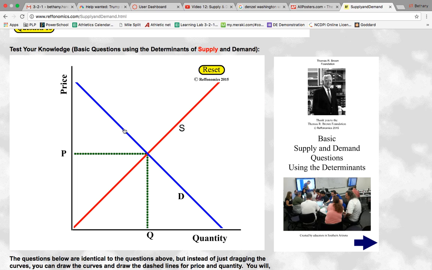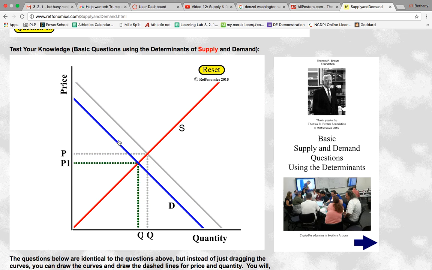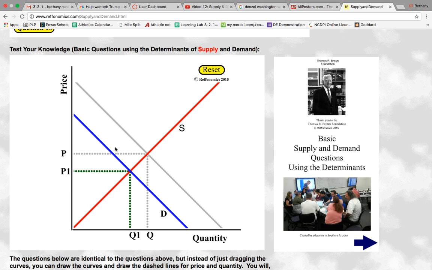Conversely, you might also think about the price for hybrid cars, which is a complementary good with gasoline, in that if the price of hybrid cars goes down, more people are going to buy hybrid cars, and when you buy a hybrid car, you use less gas, so there's less demand for gasoline. See how I got there? And now we have a lower price.